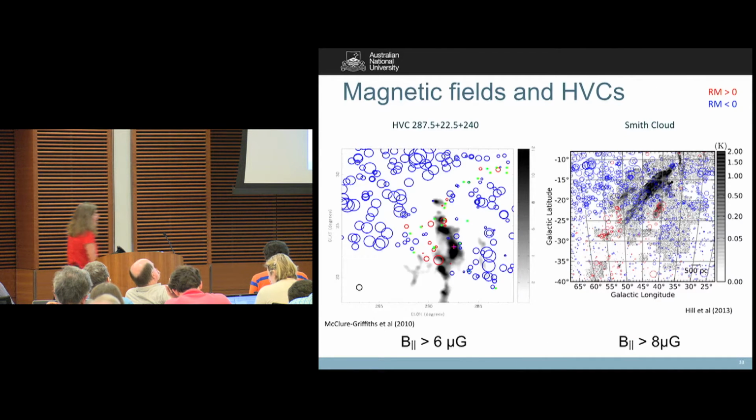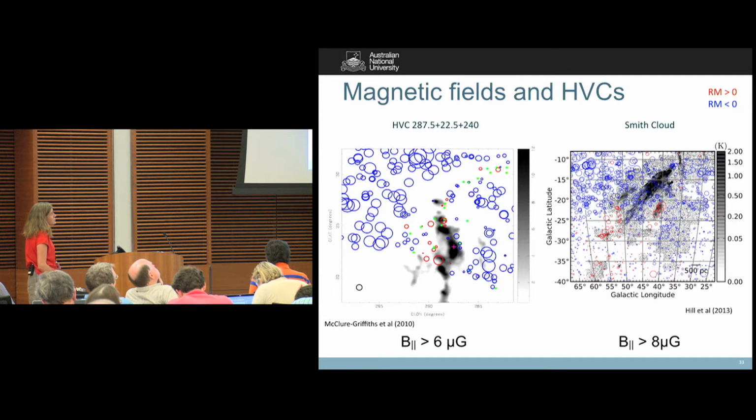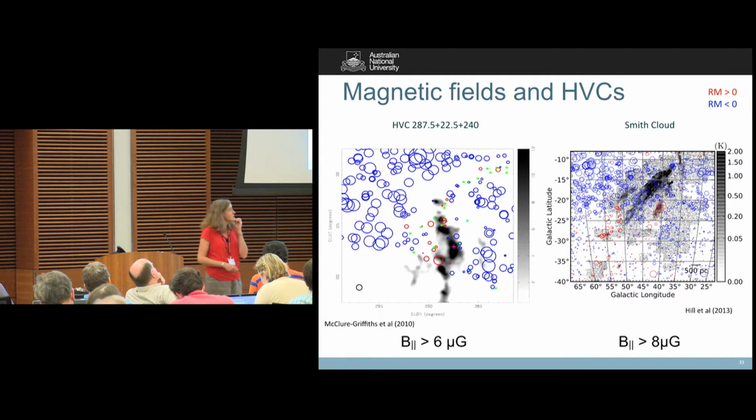And because we can't forget that there is gas coming in, we heard about the Smith cloud earlier. So this is the Smith cloud over here, overlaid with rotation measures towards extragalactic background sources. These are from the NVSS catalog of rotation measures.